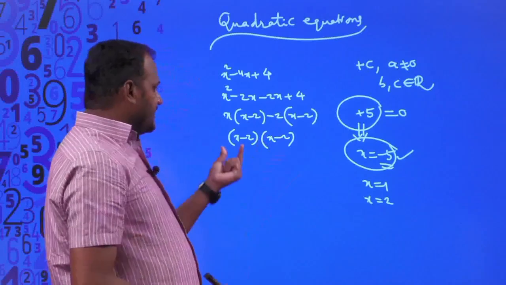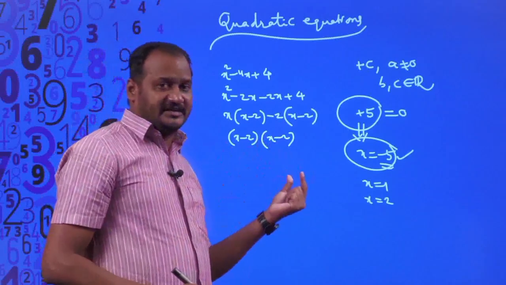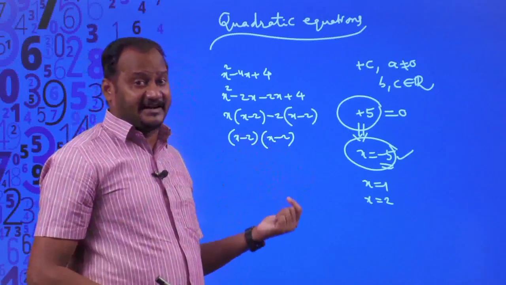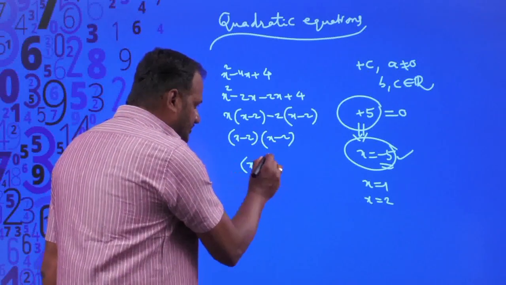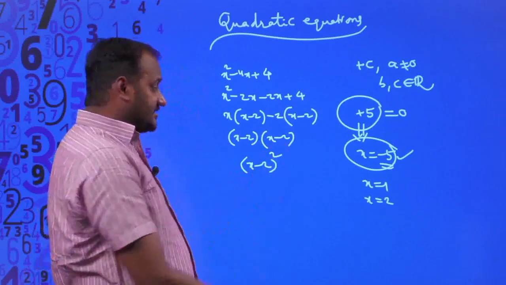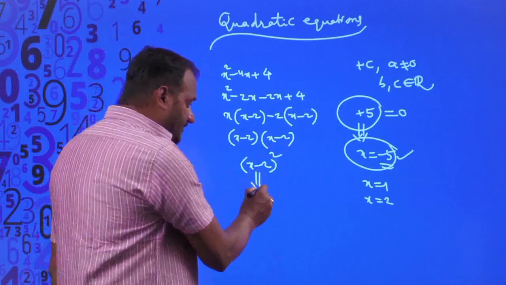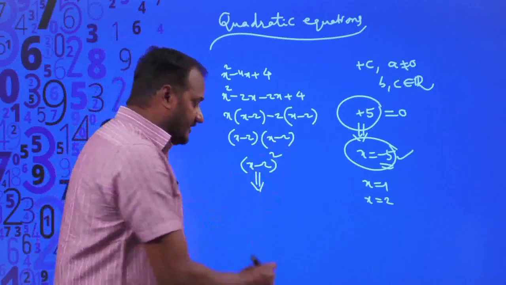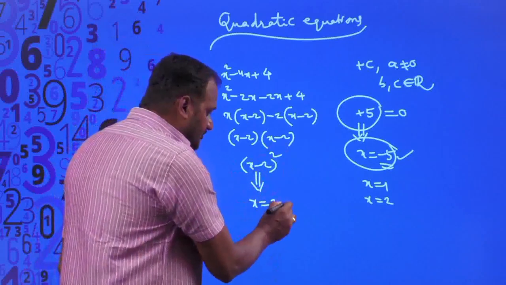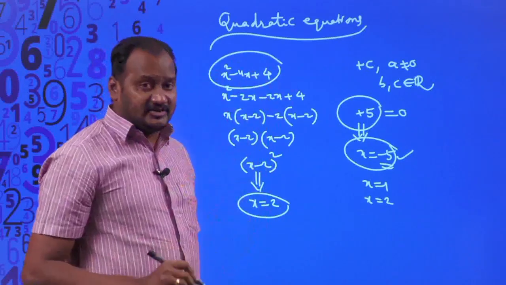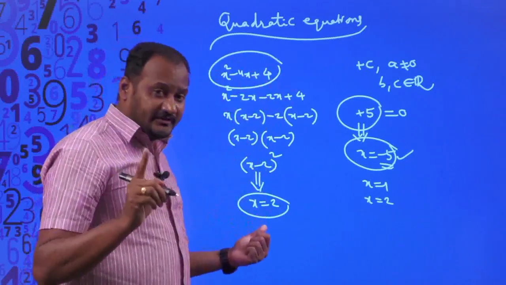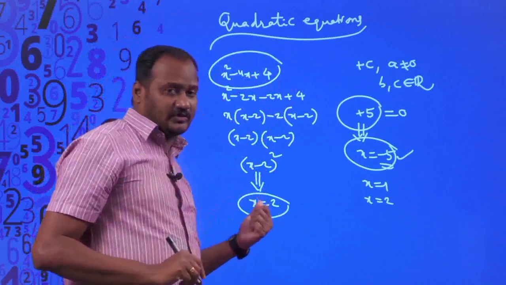What does it mean? x minus 2 into x minus 2 means x minus 2 is a repeated factor. So you can write it as x minus 2 whole square. Now this x minus 2 whole square will become 0 only when the value of x is equal to 2. So this second degree polynomial is 0 only for one value of x, that one value being 2.